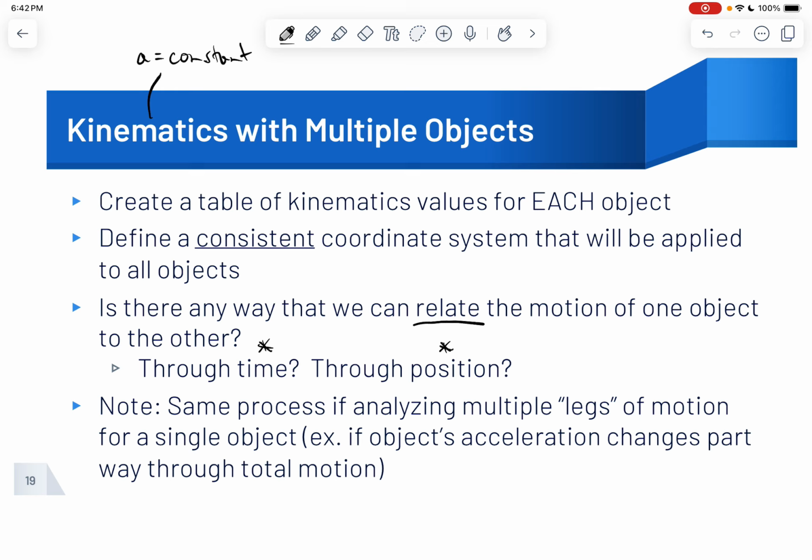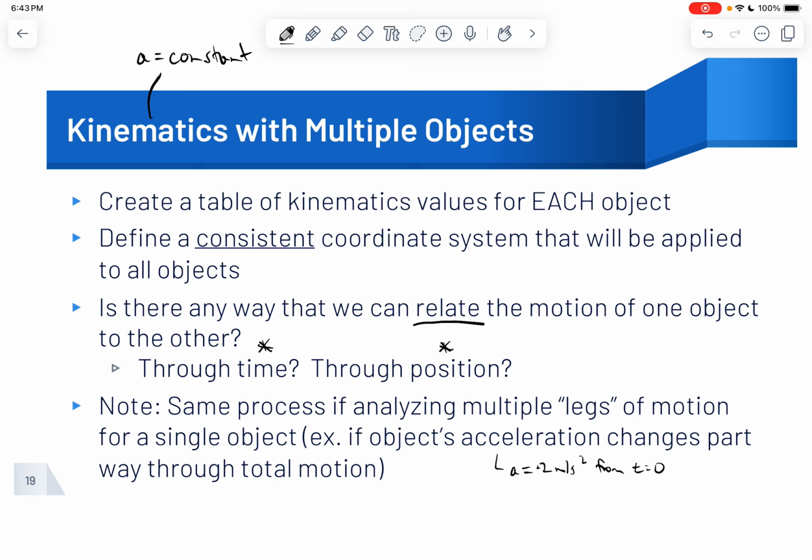Now, the scenario we're going to look at deals with two separate objects, but we could also do a similar sort of idea if we have a single object whose acceleration changes to a constant value. So maybe our acceleration starts off, for the first 3 seconds, from a time of 0, as a positive 2 meters per second squared.